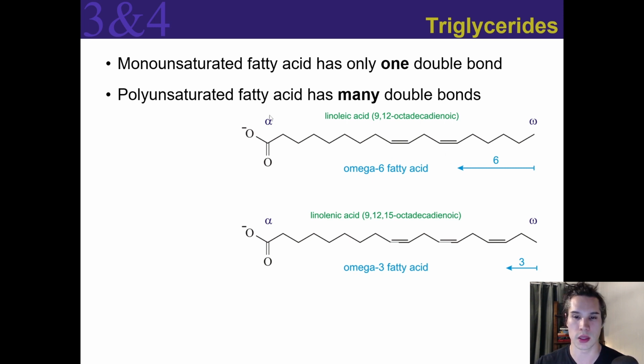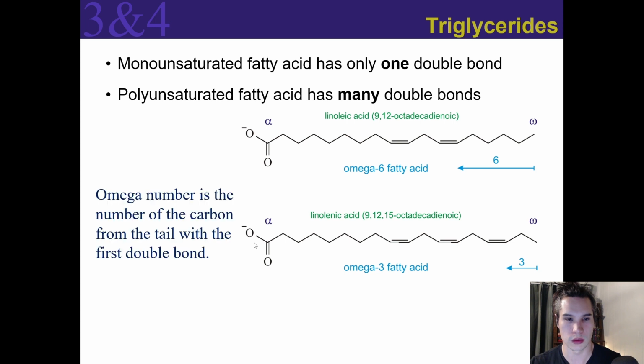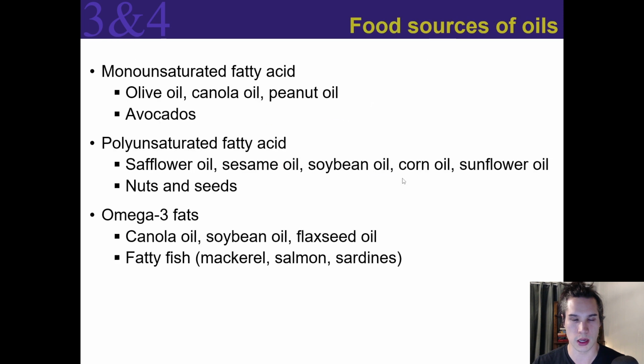Therefore, we constitute this linoleic acid an omega-6 fatty acid. Linoleic acid. Okay, so in this case, you have carbon 1, carbon 2, carbon 3, forming an omega-3 fatty acid. All right. So yeah, the omega number is the number of carbons from the tail with the first double bond.